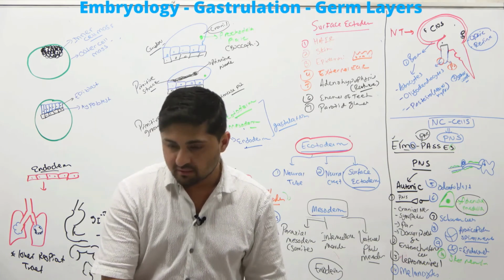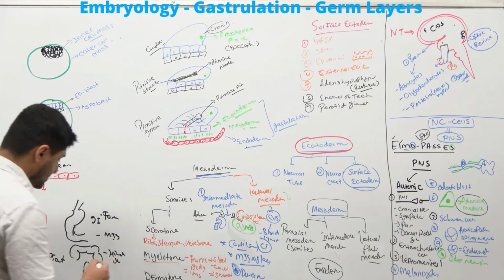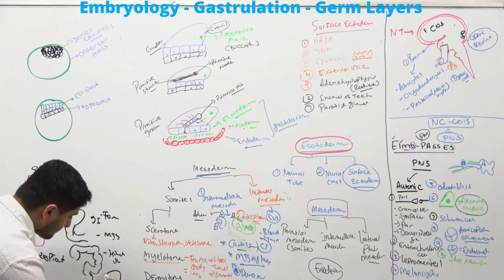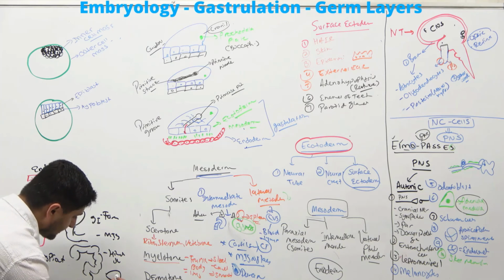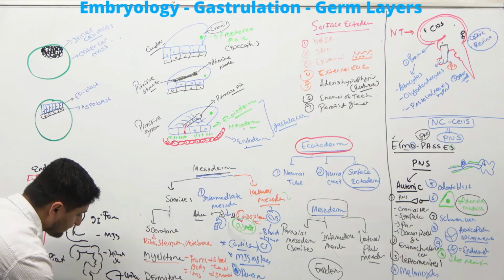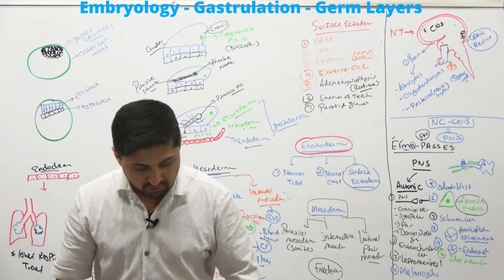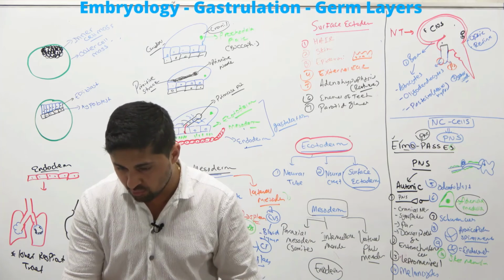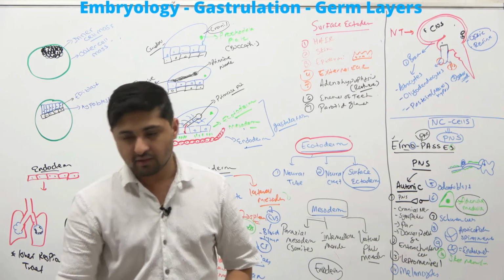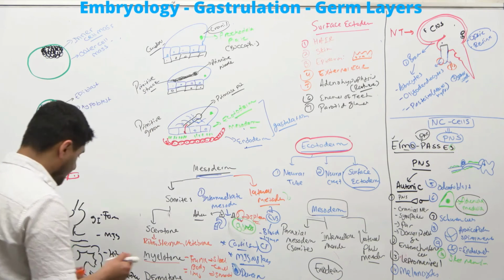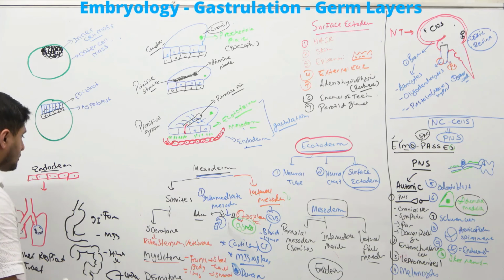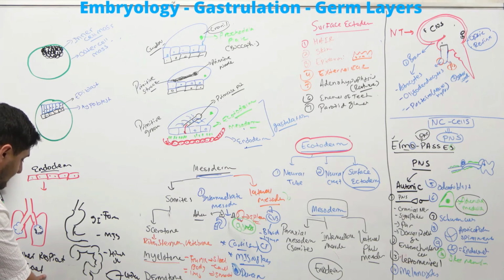You also have to remember the genitourinary systems, for example the urinary bladder, which is coming from endoderm. What about the urethra or lower vagina? Those are also coming from endoderm. So for the endoderm derivatives, remember the lower respiratory tract, which is very important: alveoli, bronchi, lungs, and trachea.